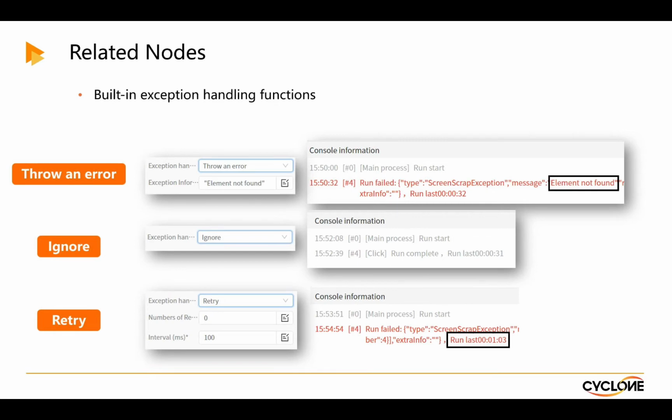Choose ignore and the system will skip the node if any exception occurs. If we choose retry, we need to specify the numbers of retry and the interval between two retried attempts. Sometimes the node may be executed correctly after several attempts. If the system has retried for the specified times and still failed to execute the node as expected, the error information would still be displayed in the console.